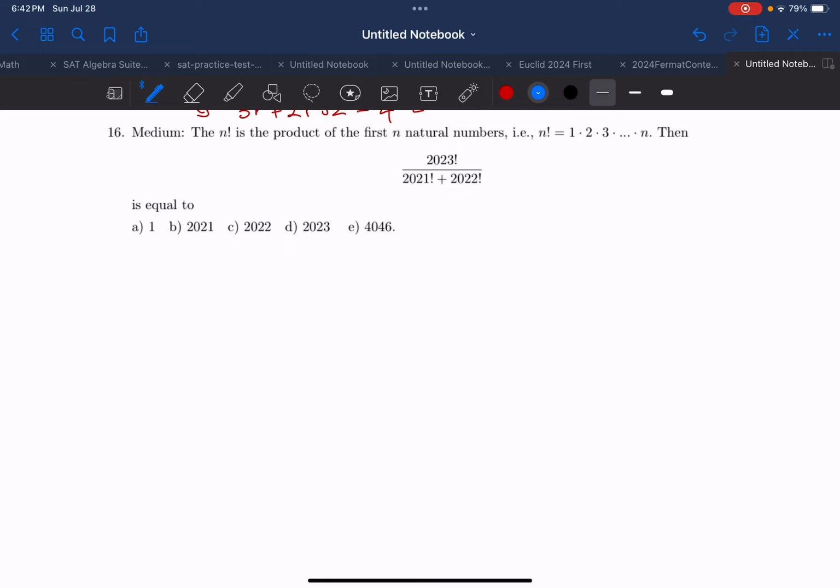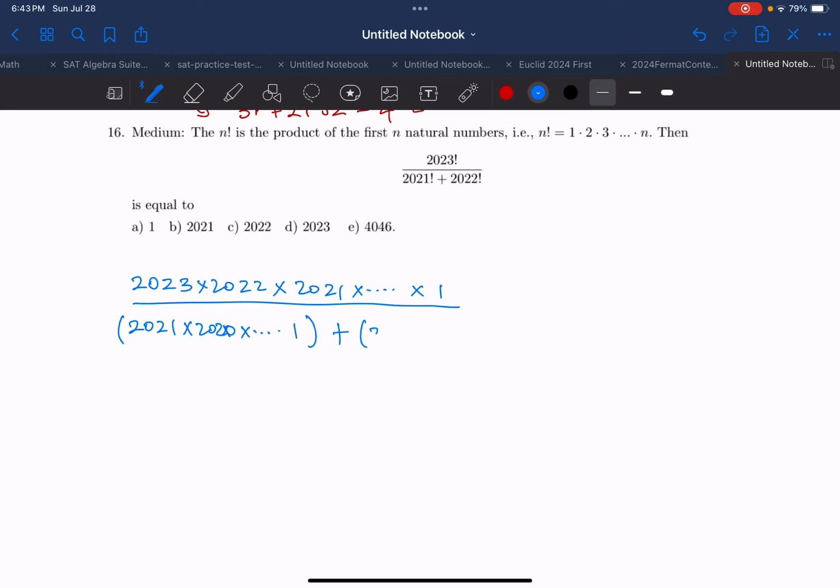So this is the same thing as 2023 times 2022 times 2021, multiplying down to 1, over 2021 multiplied by 2020, multiplying till 1, and we add the factorial of 2022.